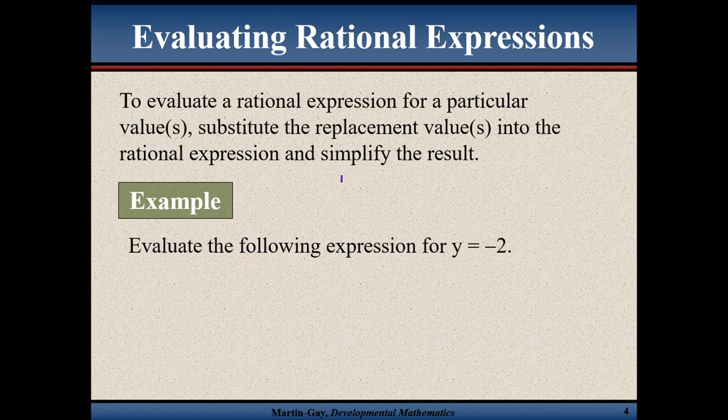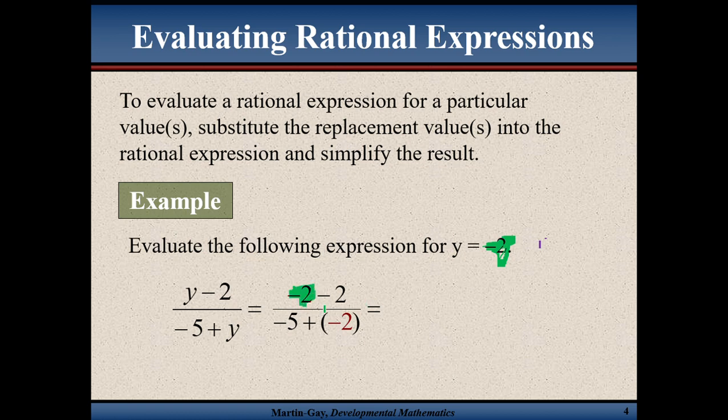Example: evaluate the following expression for y equal to negative 2. So, negative 2 all over negative 5 plus y. Substitute natin itong value ng negative 2 in order to solve the expression.